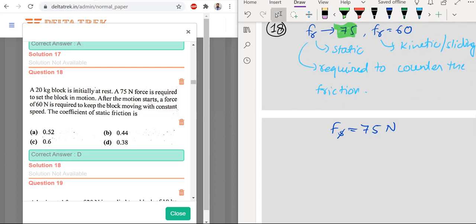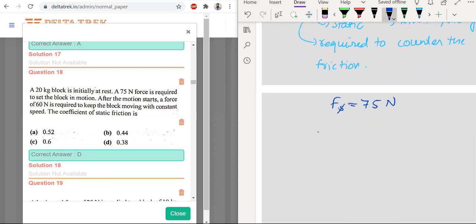Now a 20 kg block is initially at rest. So the block is 20 kg. So its weight is 200. So the normal reaction is also 200. Now I know that the force required is 75 Newton.